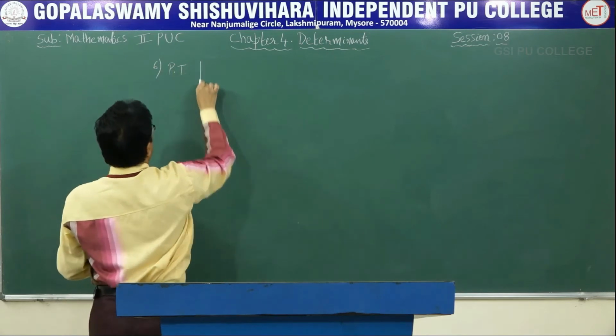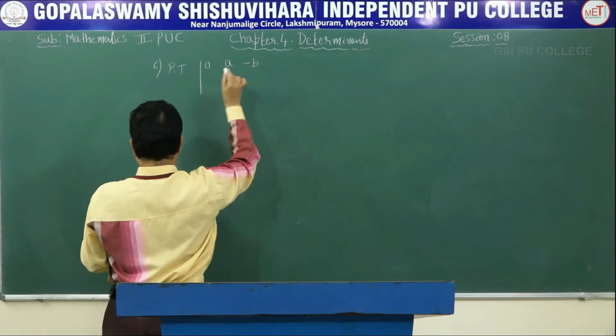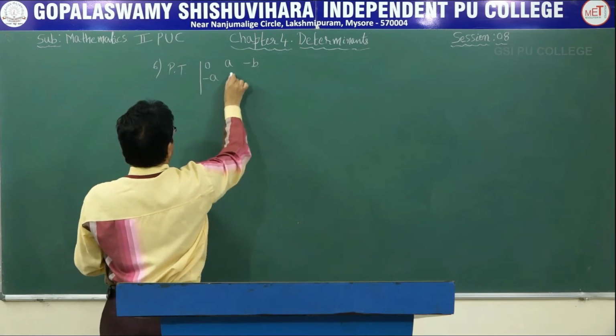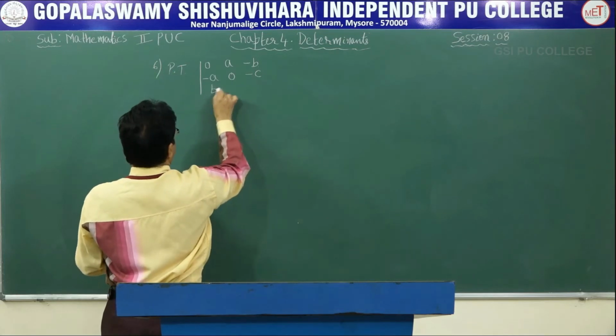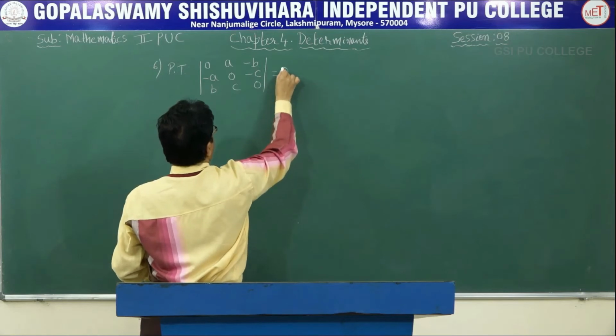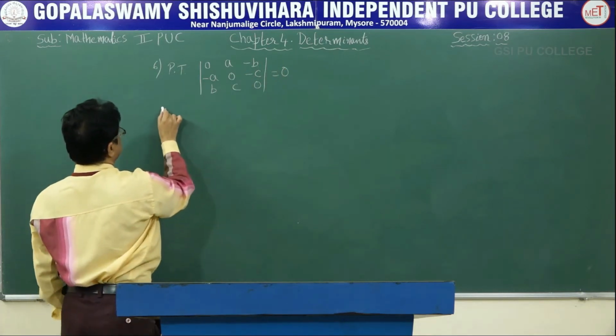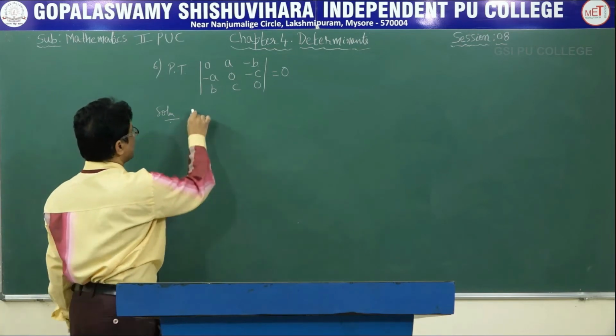So next problem, prove that determinant of 0, A, minus B, minus A, 0, minus C, B, C, 0 will be equal to 0. It is slightly a different problem.